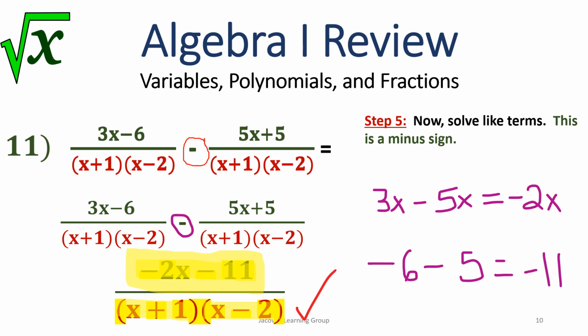That's a negative, which makes, when you get ready to combine your like terms, this a positive 3x and this a negative 5x. And you can only combine like terms. So 3x minus 5x is negative 2x, and this then becomes negative 6 minus 5, negative 11. That's your answer: negative 2x minus 11, and you keep your common denominator.